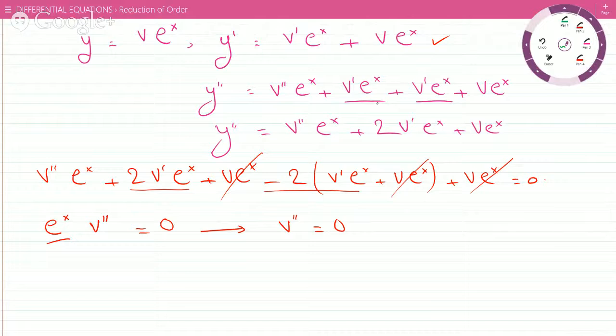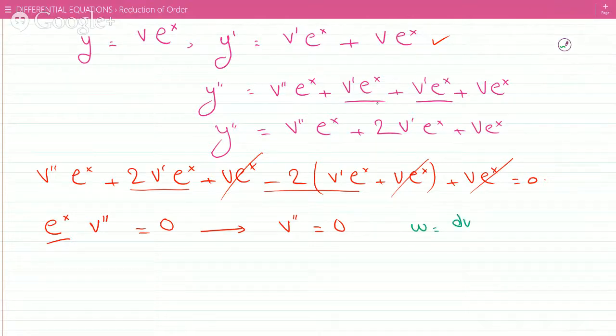Now you do the replacement. So you say let w equals dv over dx, or v prime. So this one becomes w prime equals 0. You agree? Implies that w equals, because w prime is just dw over dx equals 0.